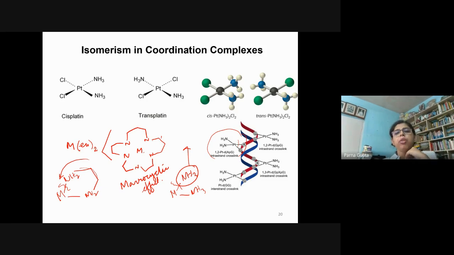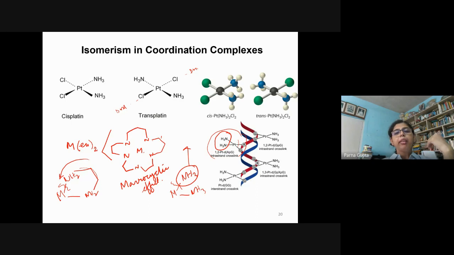So here also you can say that if this is platinum, one end can go to one DNA strand and the other can go to another DNA strand, but that will do a little more work. The outstanding effect is that in platinum the Cl bond always dissociates and this bonds to it. Here you can see why cisplatin is so important.